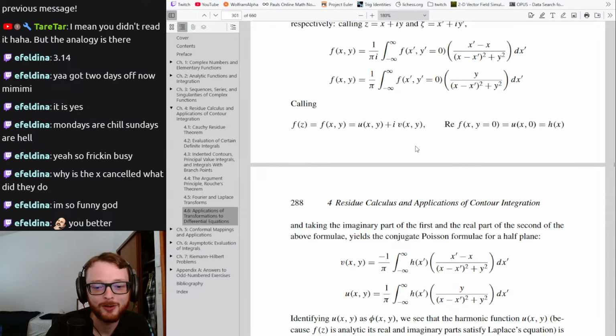The imaginary part of the first and the real part of... Why are we doing that? What? Oh. Ah, okay. That makes sense why we would do that, yeah.